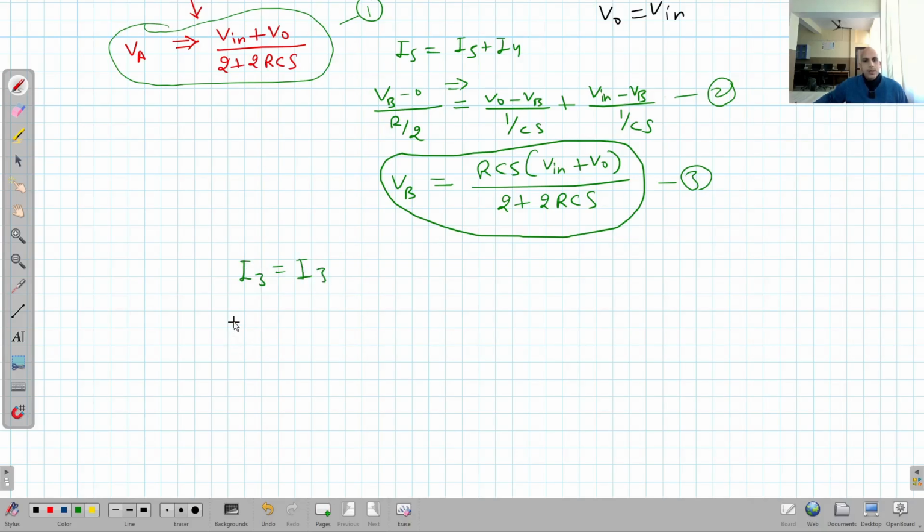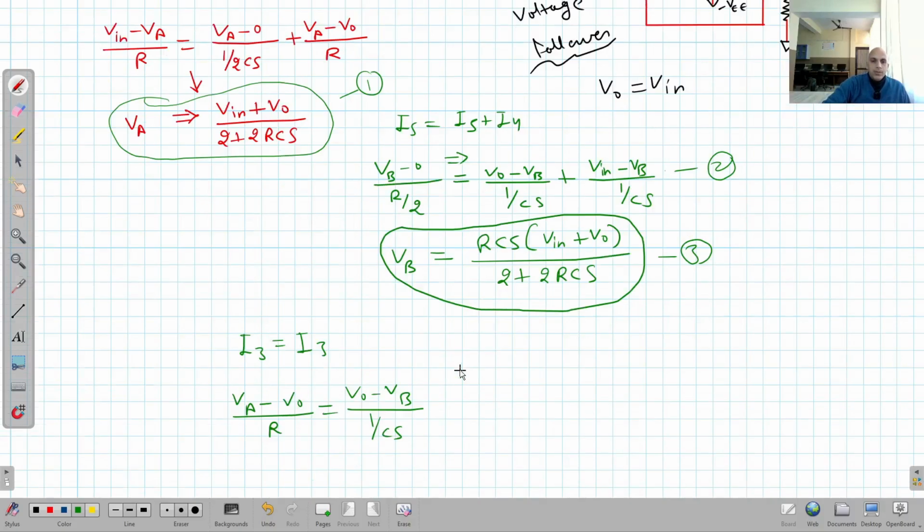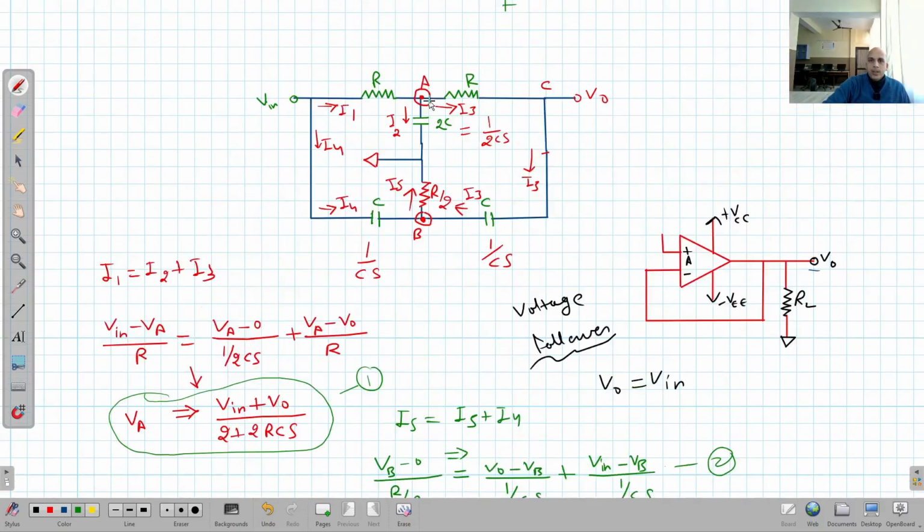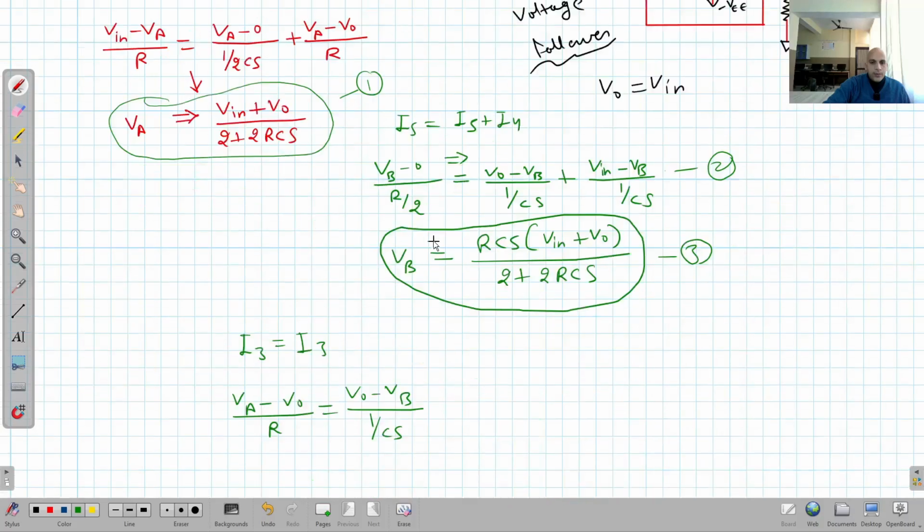It means VA minus V output upon R is equal to V output minus VB upon 1 upon CS. Look at the picture: VA minus V output upon R.